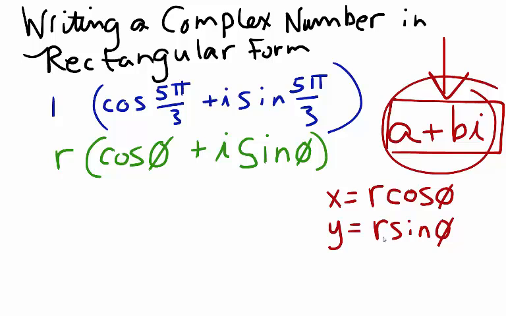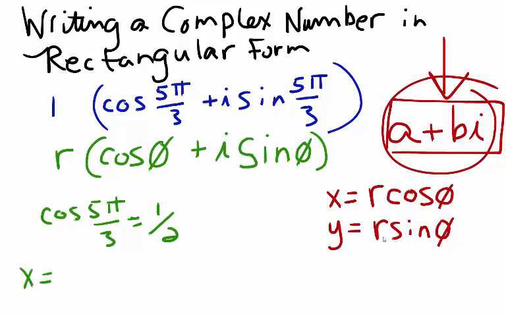To get started, we're going to need to find the value for x. So let's take a look at cosine of 5 pi over 3. Cosine 5 pi over 3 is equal to 1/2.